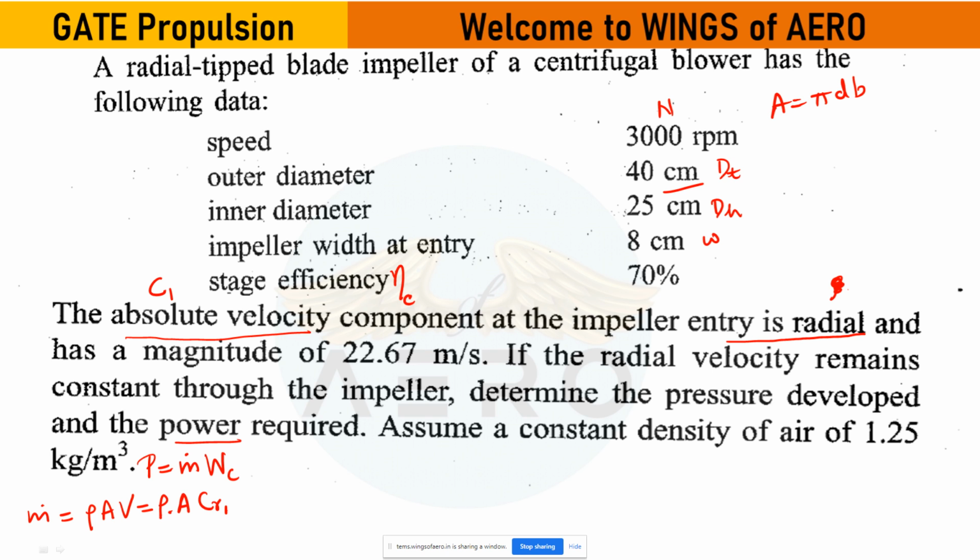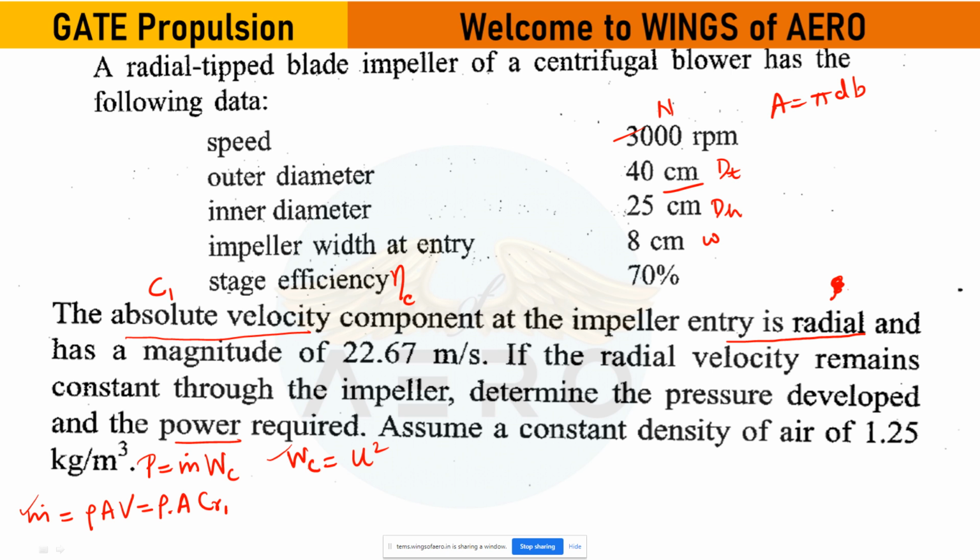Using that, how to find work done? Work done equals U square, that you can find using this. So work done is known, mass flow rate is known, you can find out the power.